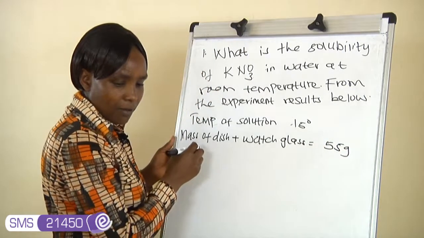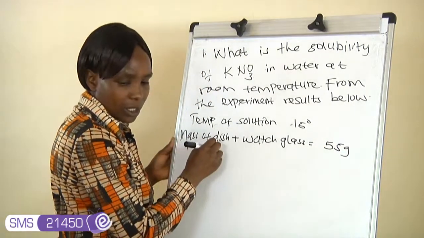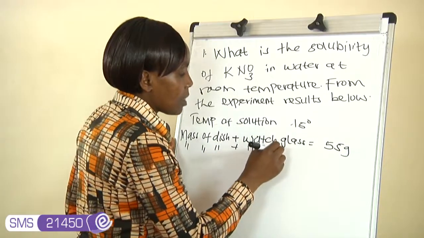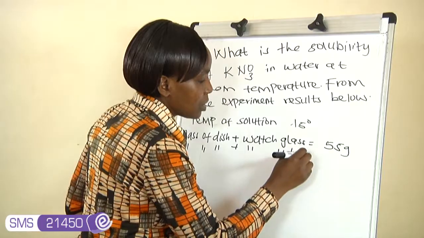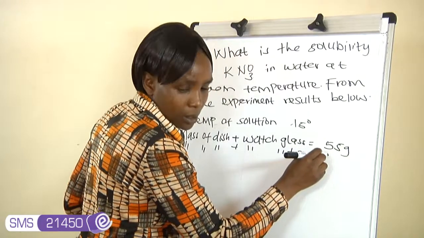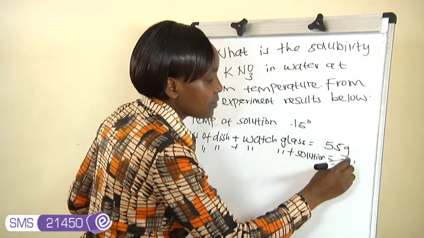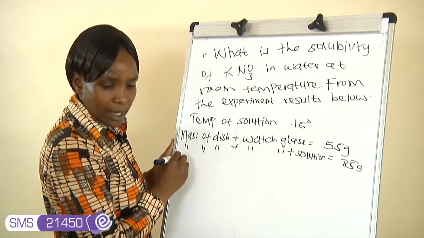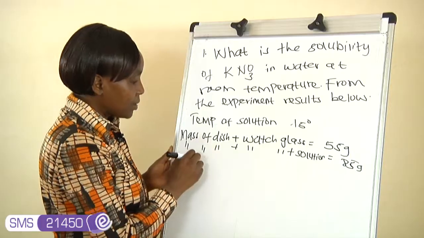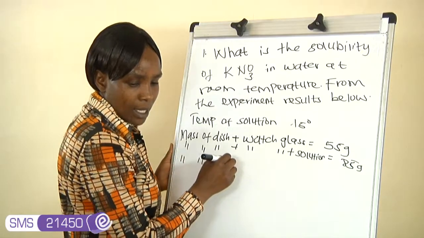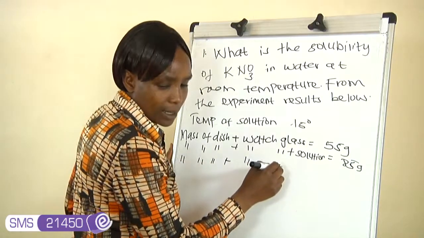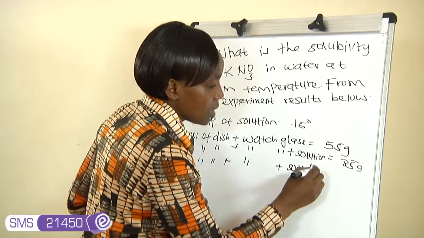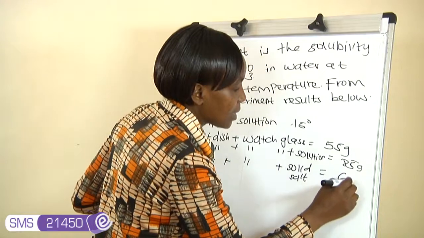The mass of the dish plus the watch glass plus the solution is 85 grams. The mass of the dish plus the watch glass plus the solid salt is 61 grams.